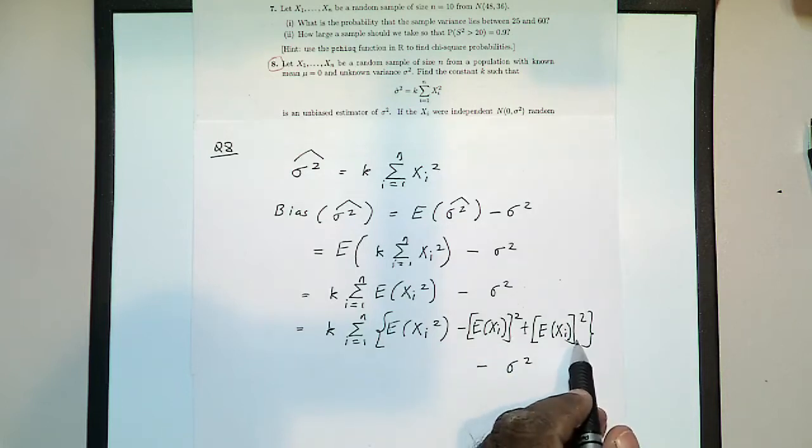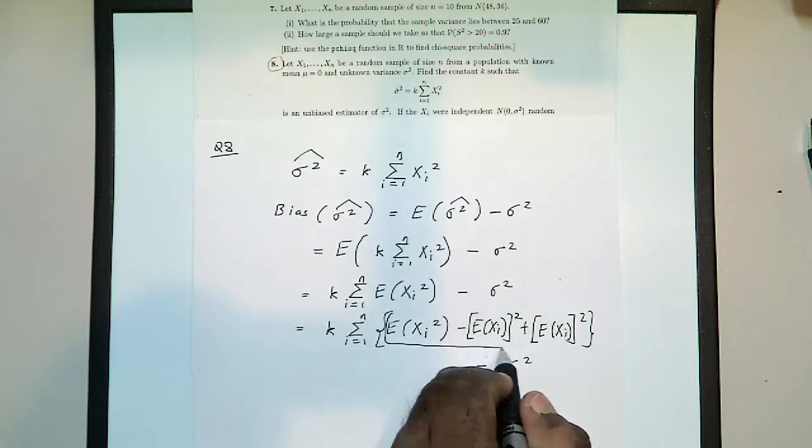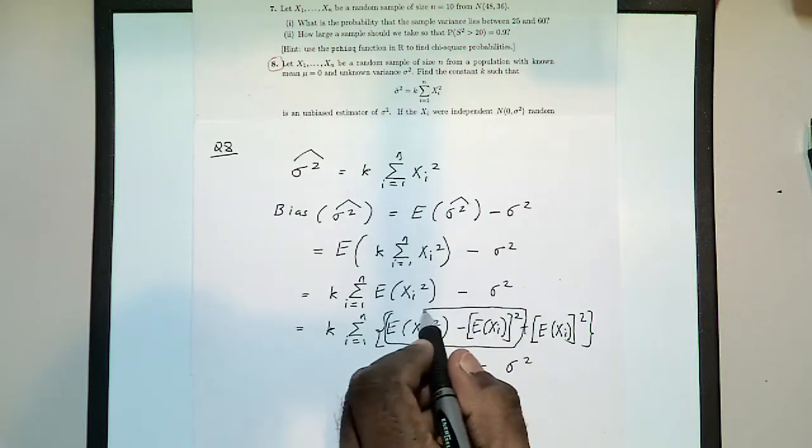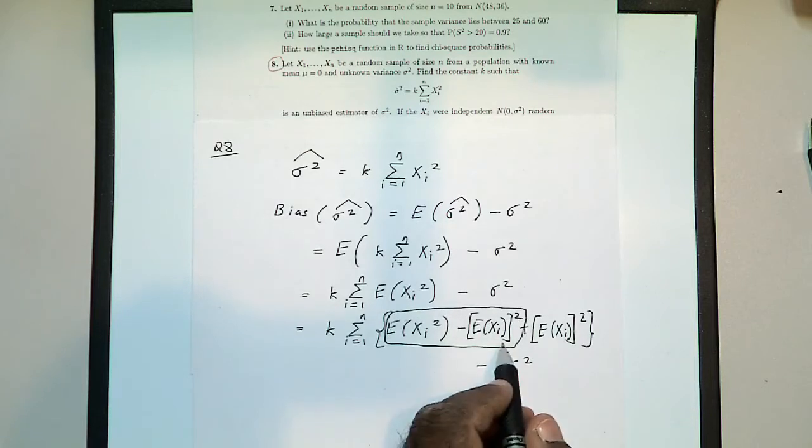So I haven't changed anything, right? Now, let me ask you, what do you know about this? The expectation of xi squared minus the square of the expectation is equal to?